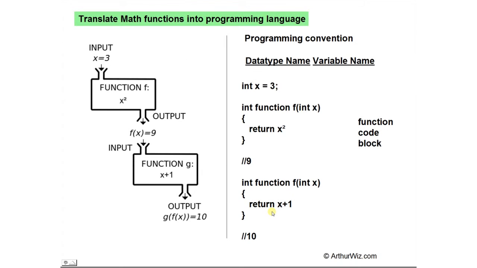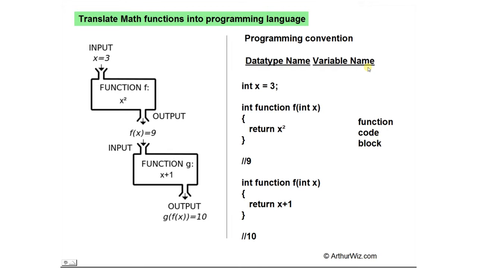So let's translate this written format from a math function into a programming language. I put this side by side so you can understand how we translate the math functions into a programming convention, a written form. In a programming convention, we write the data type name in front of a variable name.